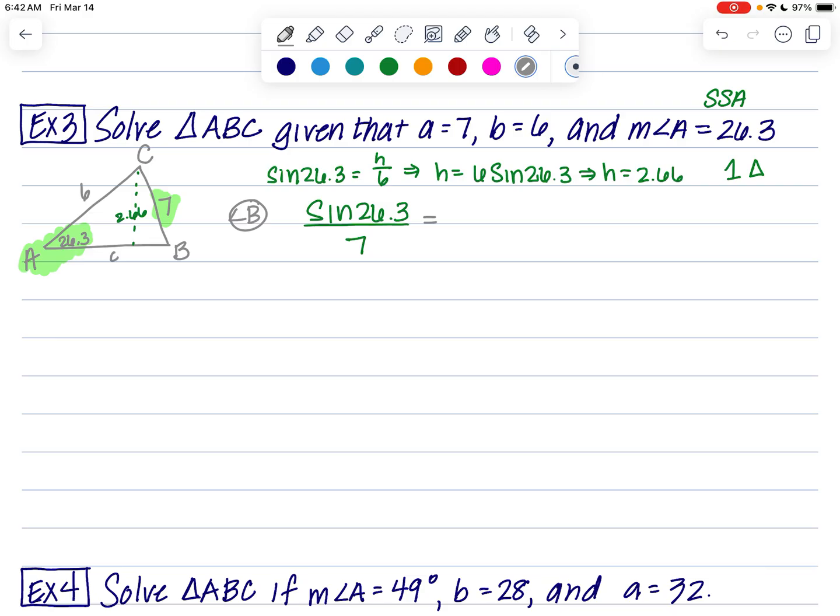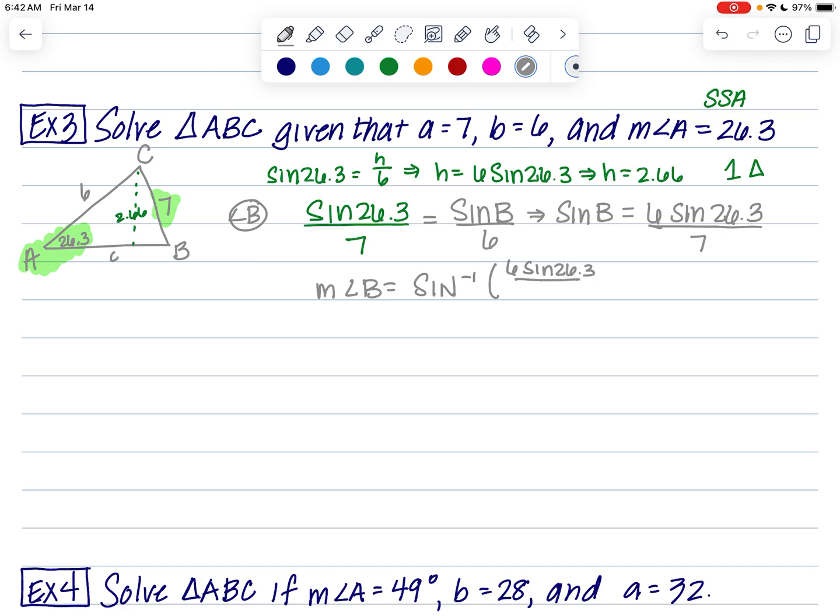So the sine of 26.3 divided by 7 is going to be equal to the sine of angle B over 6. We are going to cross multiply and solve. I'm going to get the sine of B is equal to 6 times the sine of 26.3 divided by 7. So the measure of angle B is equal to the inverse sine of that fraction, 6 sine 26.3 over 7. So the measure of angle B is 22.3 degrees.